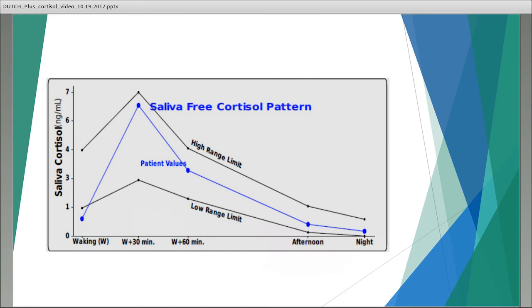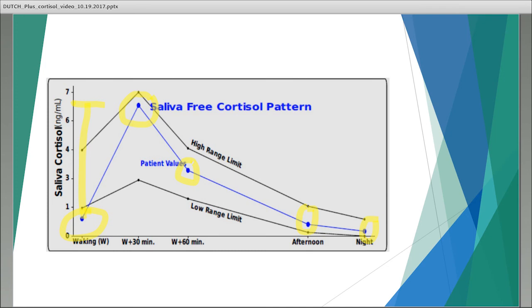Now, in a case like this, we've got a more nuanced case where the cortisol awakening response adds to the picture. So if you tested this patient here only, you'd get a normal result, right? High normal, but still normal. And then throughout the day, everything's normal, right? But when you look at that waking sample, the difference between the waking sample and 30 minutes, that's a very large cortisol awakening response, which would tell you that the patient either has a high level of perceived stress or they're responding to stress in an exaggerated manner.